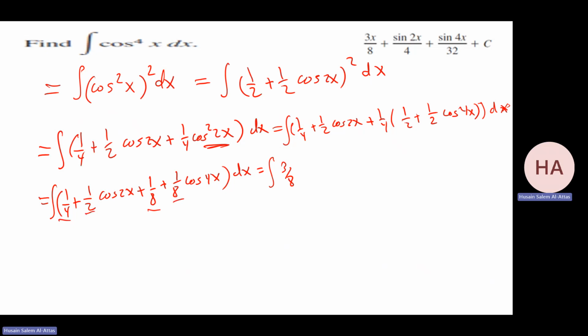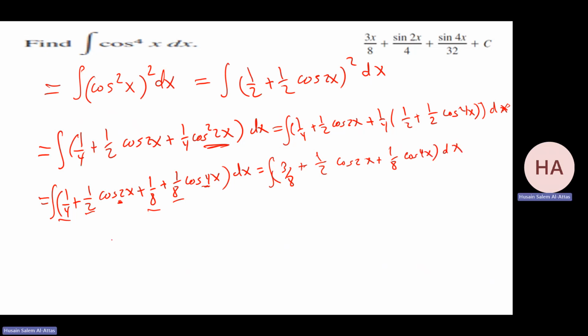And this one plus this one, it will be 5 over 8. No, I cannot add them. This is cosine 2x and this is cosine 4x. Yeah, be careful. So this is plus half cosine 2x plus 1 over 8 cosine 4x dx.